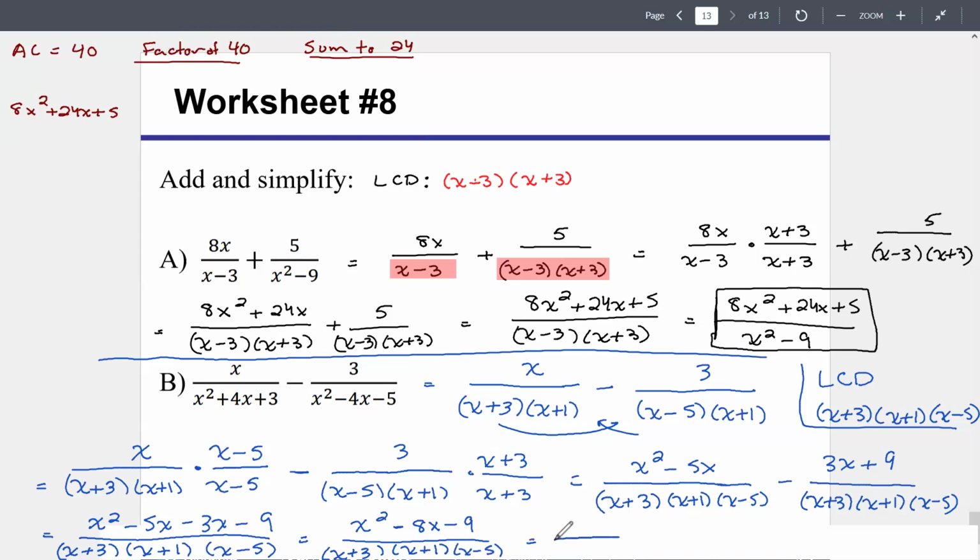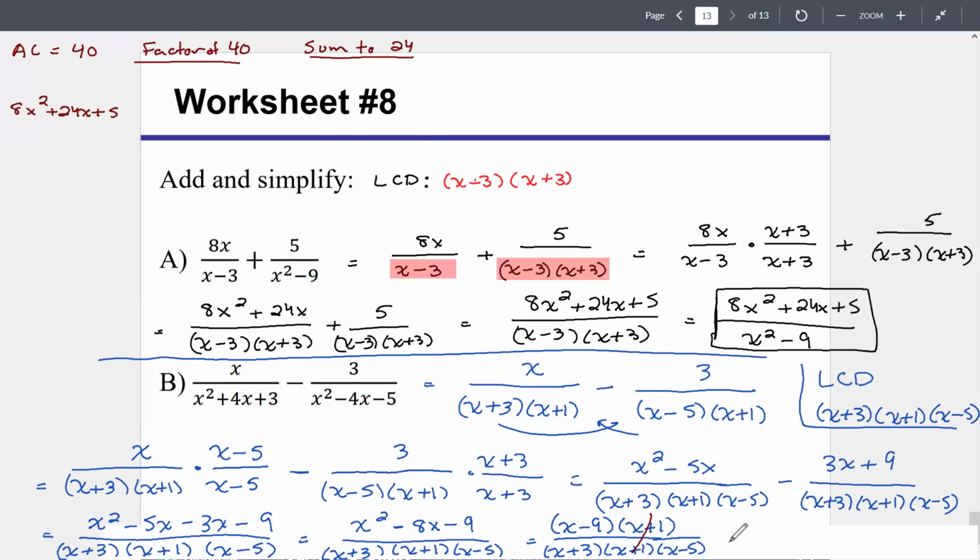And the top can actually factor too into (x minus 9)(x plus 1). So this is why we've been leaving things the way they are to the very end, because sometimes we can figure out that even after we add and subtract, we can still simplify that final answer.